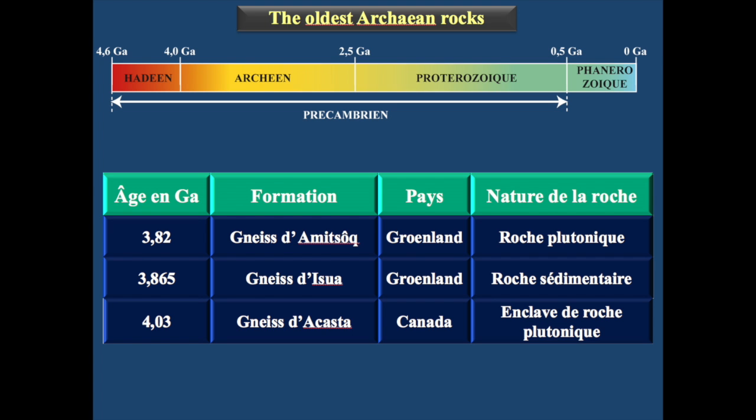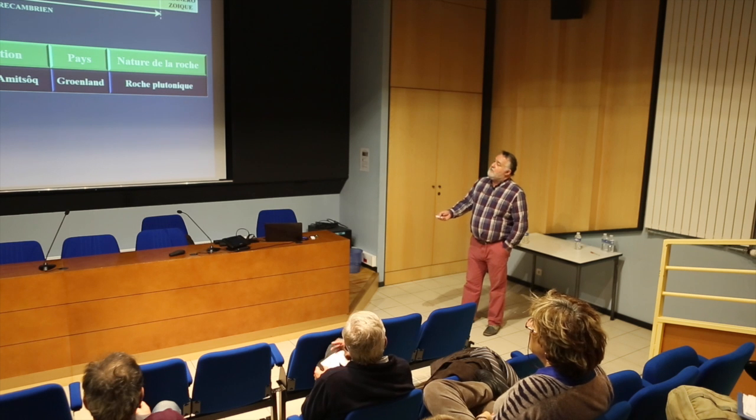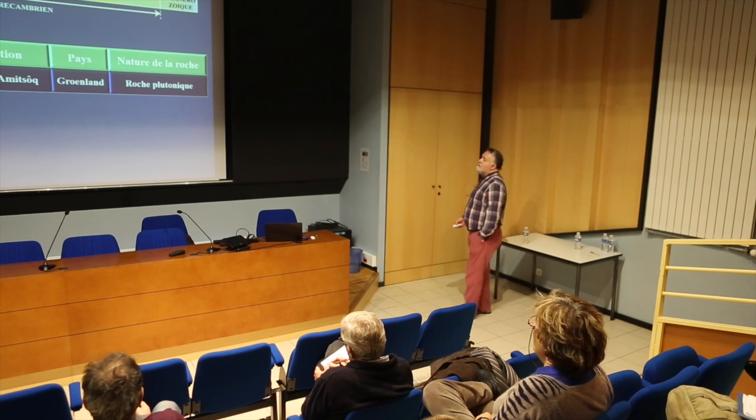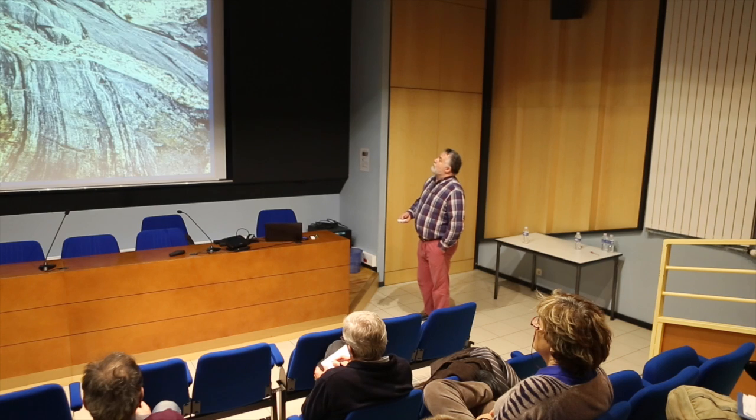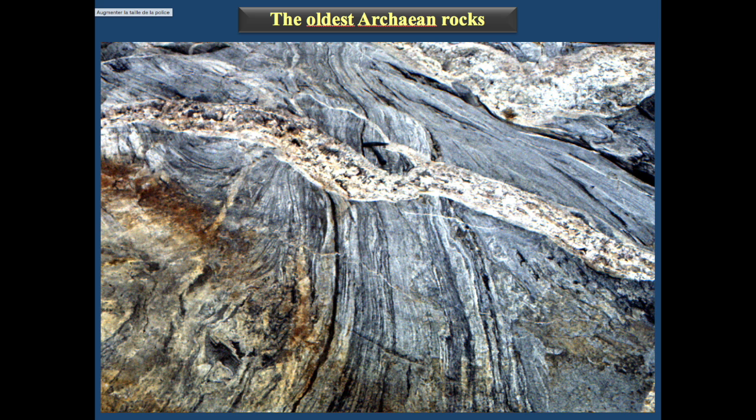There are some plutonic rocks which are 3.82 billion years old. Isua and Amitsok are somewhere here in southwest Greenland. The rocks are gray gneisses with a very strong foliation, as you can see here, and they are cut by younger granite.